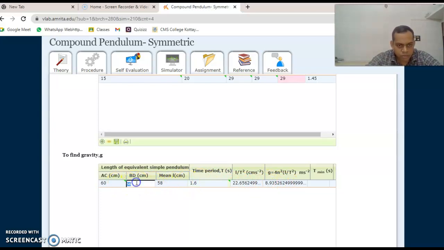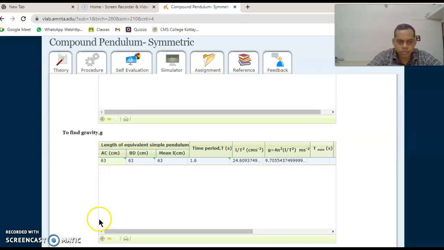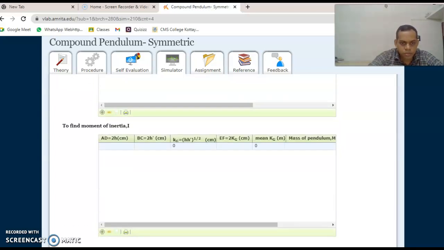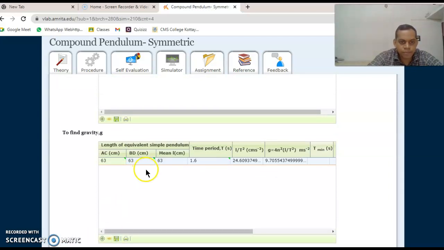So let's say if it's 60 to 62, 3, we will be getting almost 9.7, 9.8. So this is how we will be simulating the graph.